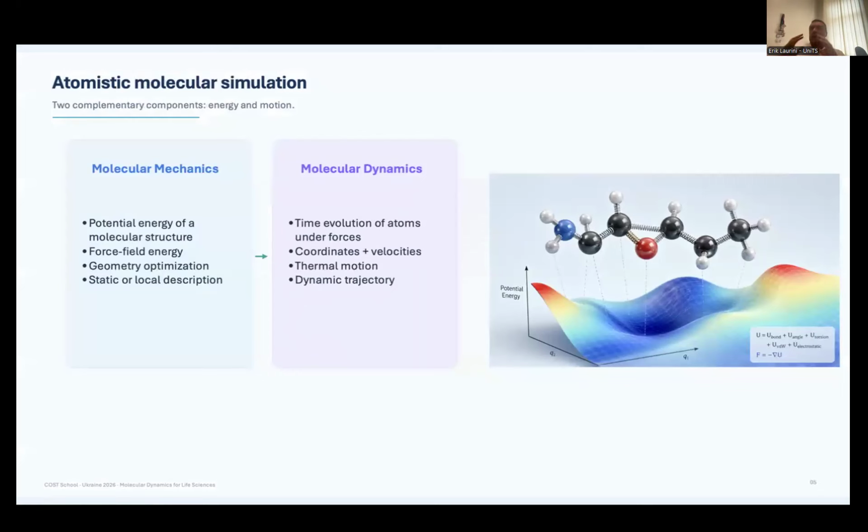So with the force field we find a mathematical formulation to describe our molecular system. We have a lot of equations describing the energies of my molecule based on the coordinates of the nuclei of the atoms. Now we have to treat this potential, and we treat it in two different ways. With molecular mechanics, a specific branch of atomistic molecular simulation, we can modify the coordinates of the atoms statically in order to find a geometrical optimization.